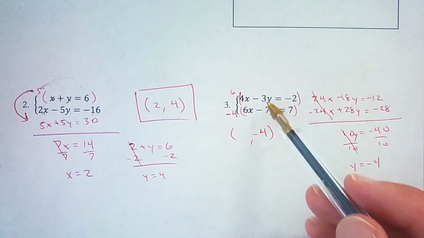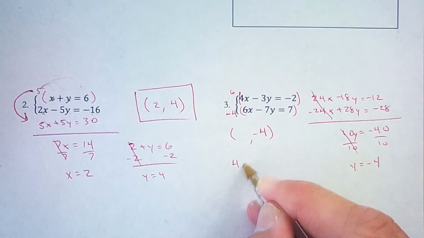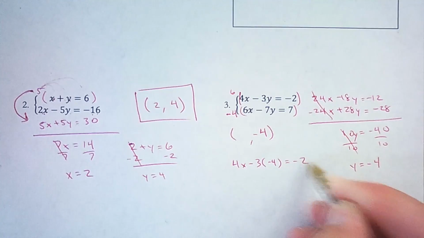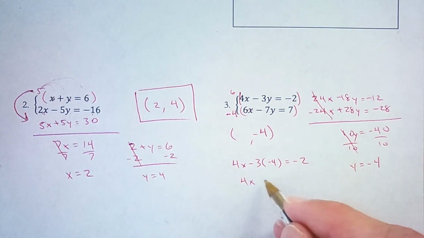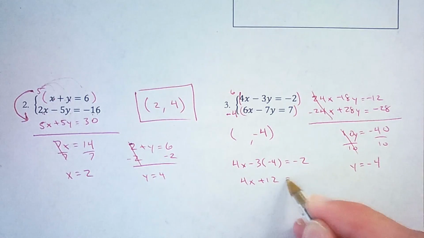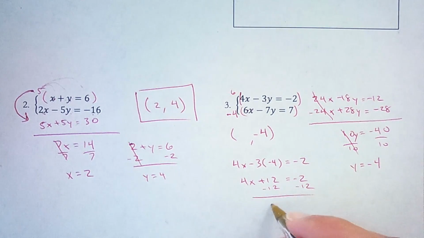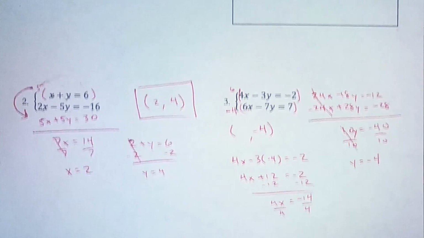I think the top would be easier to plug into just because it's smaller numbers. 4x minus 3 times negative 4 equals negative 2. So 4x, and then negative 3 times negative 4 is 12. And if I subtract that 12, I get 4x equals negative 14, and then divide by 4.